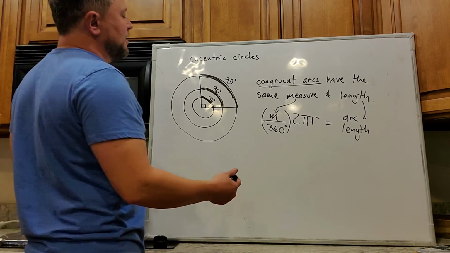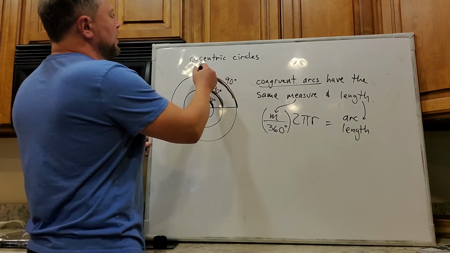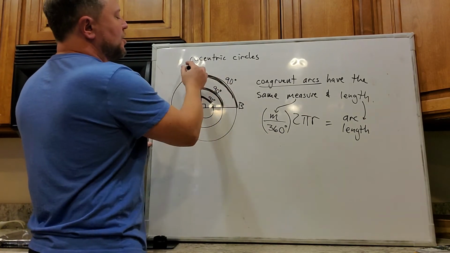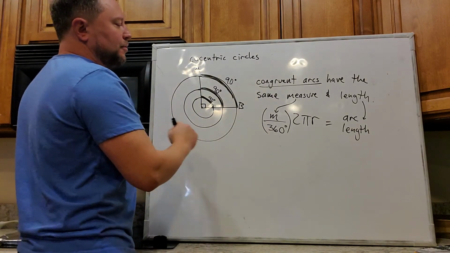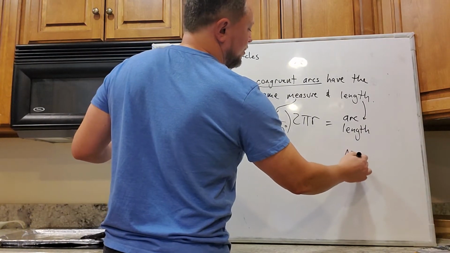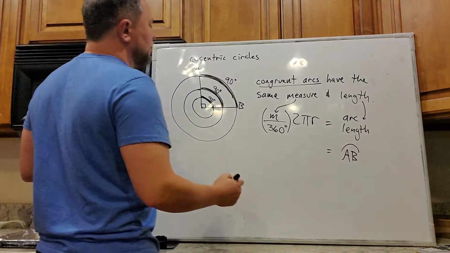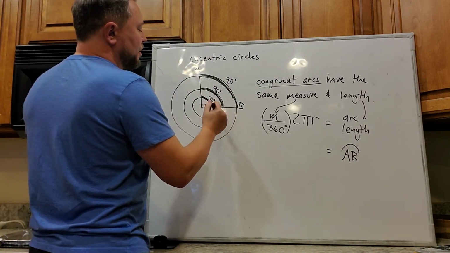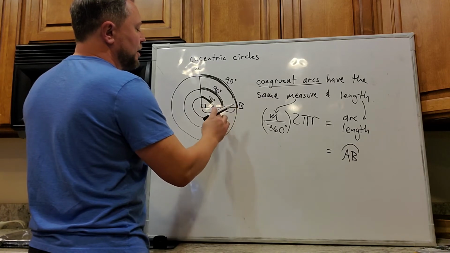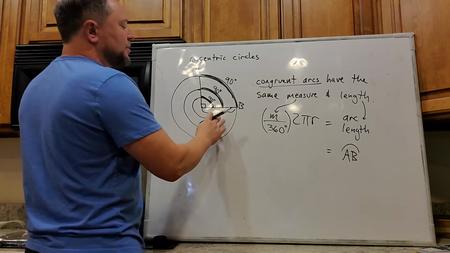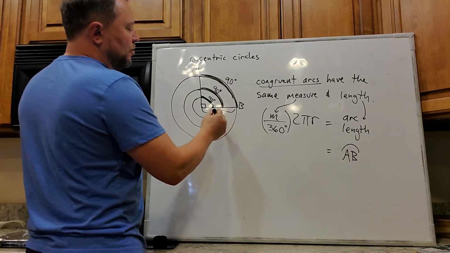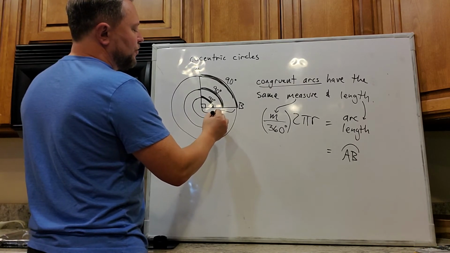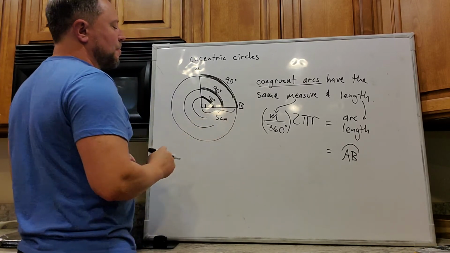Okay, so let's say that I want to know the length of this arc AB. Suppose that I knew this radius right here is, let's go with 5 centimeters.